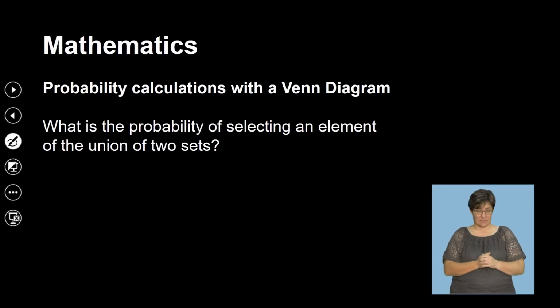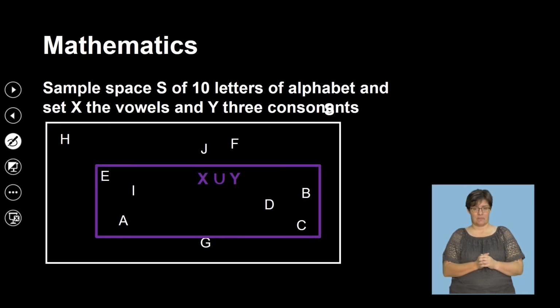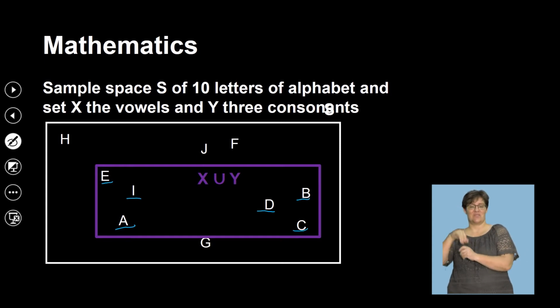Here we go. If you look here, you will see that we have 3 elements that were part of X, and 3 elements that were part of Y. So in total, we've got 6 elements that belong to the union of X and Y.